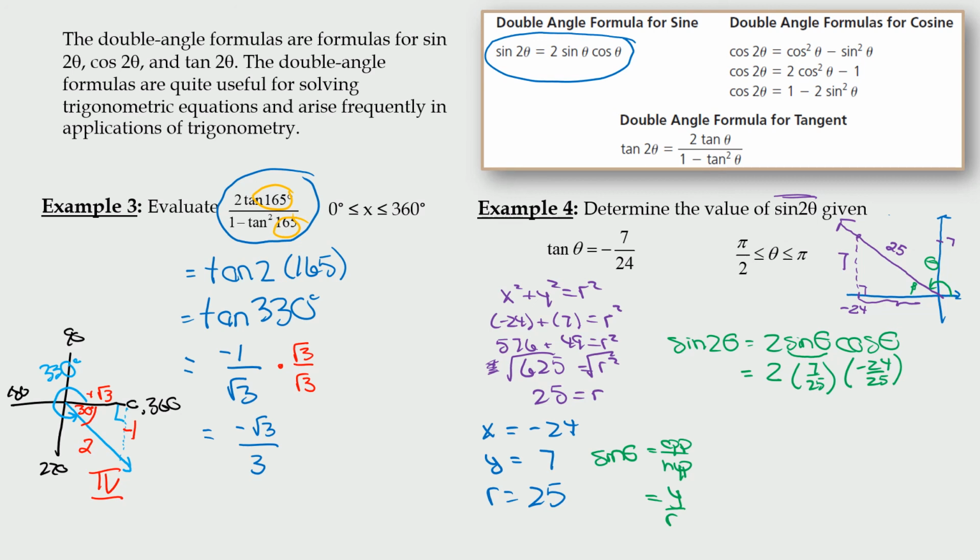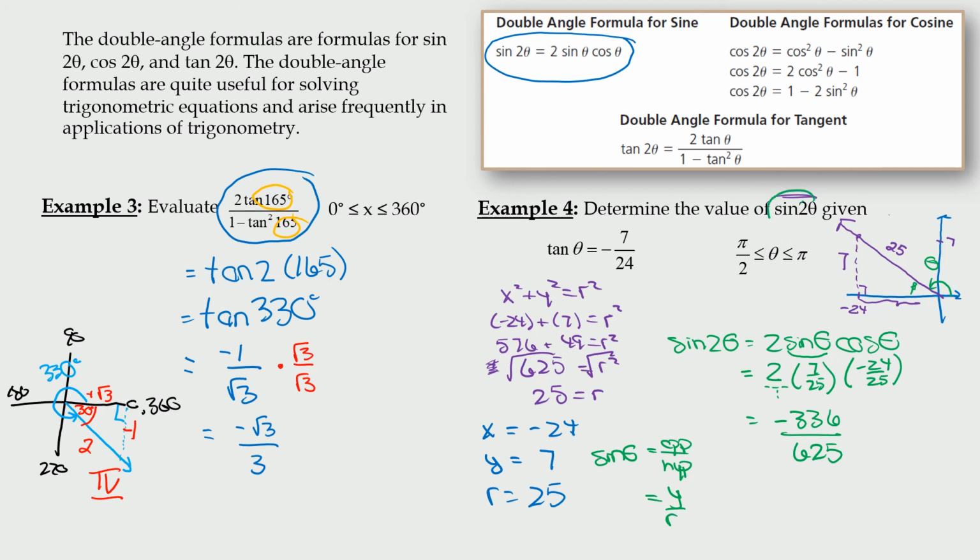So now you do some math here and you multiply. So this is really 2 over invisible 1. So we multiply straight across the top. All those three numbers are going to give us negative 336. Straight across the bottom, 25 times 25 is 625. So that is your answer for sine of 2 theta.